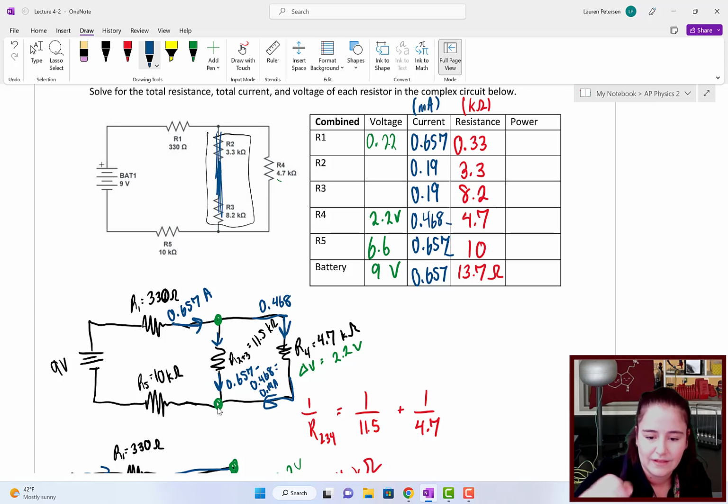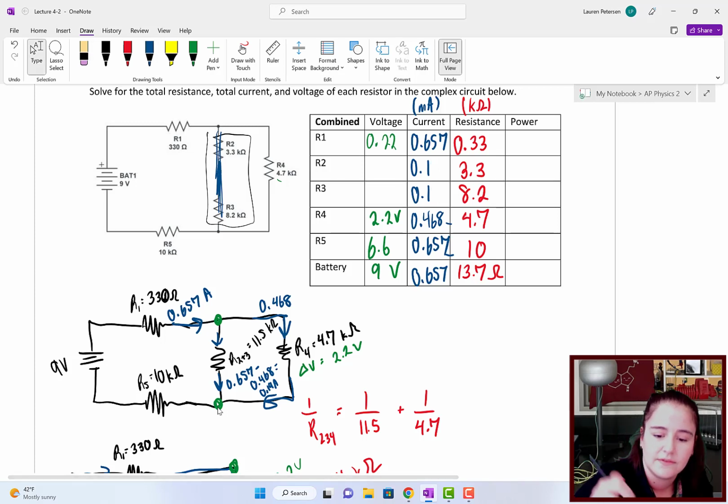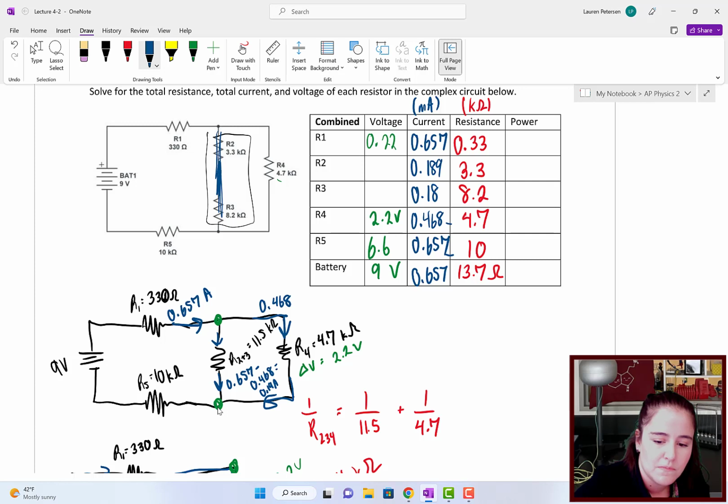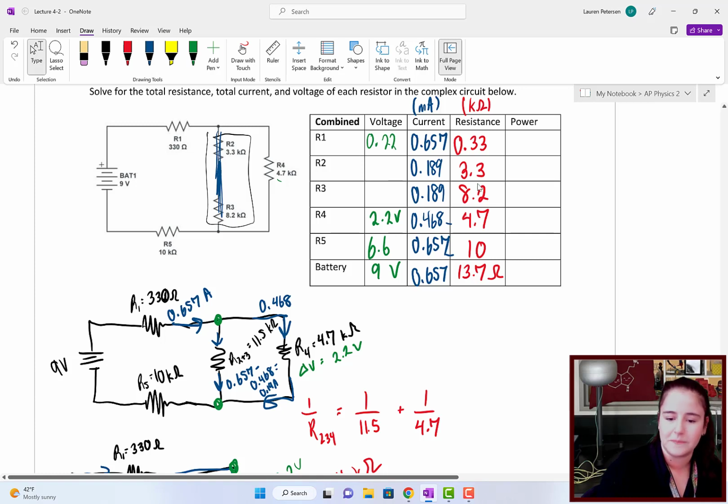I'll be consistent in my sig figs. So as you can see, now we have enough information to calculate those voltage drops across those.